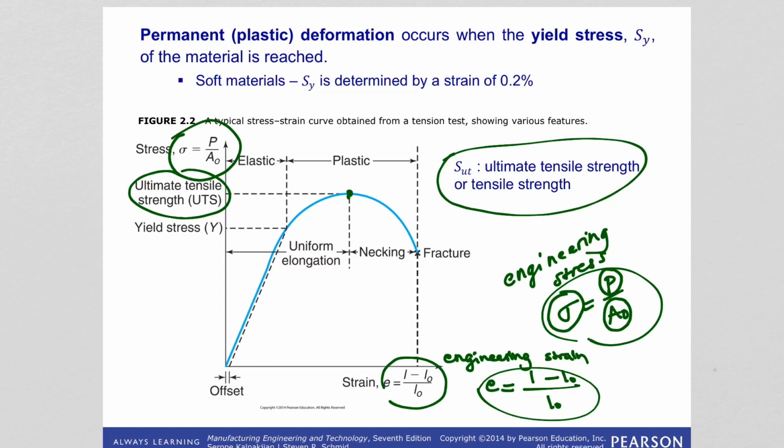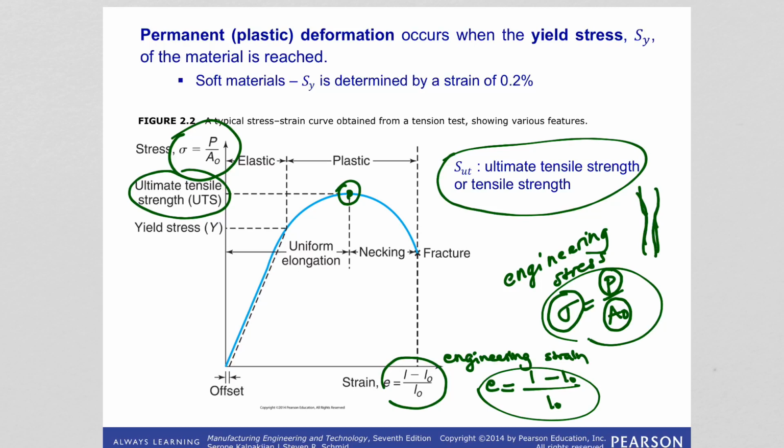So once we reach this ultimate tensile strength, the necking begins. Necking means the cross-sectional area of the specimen is no longer uniform along the length, and it is getting smaller in the necked region.